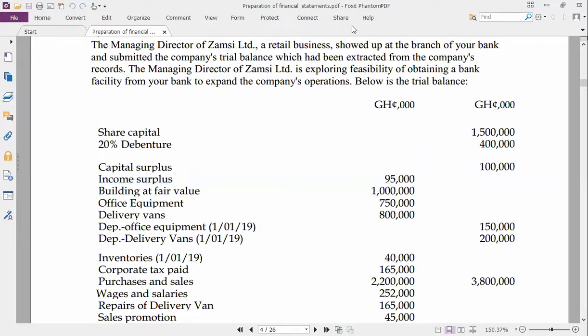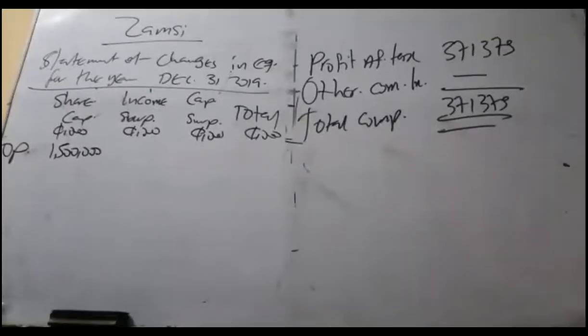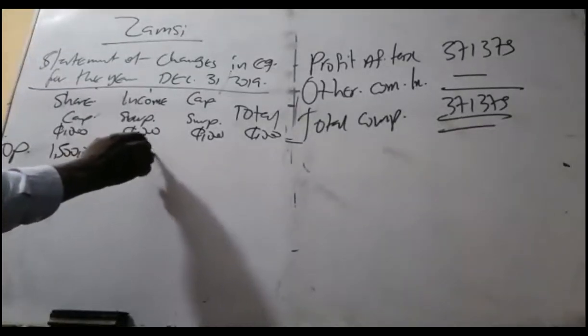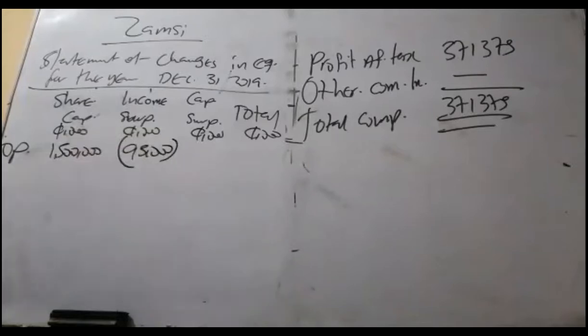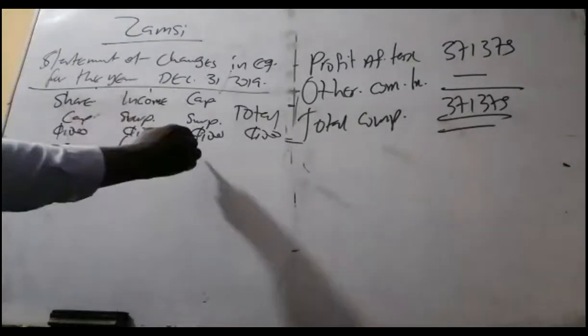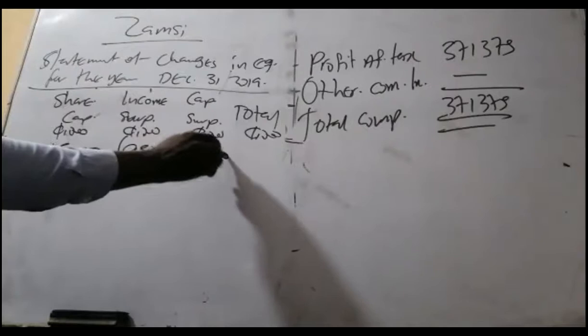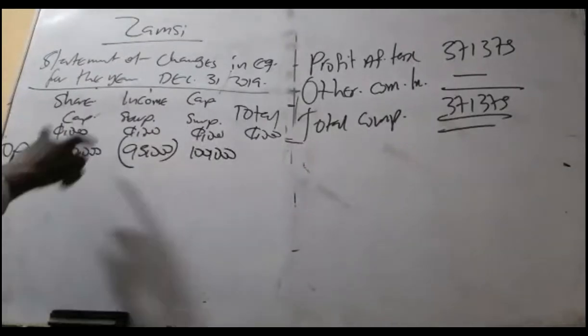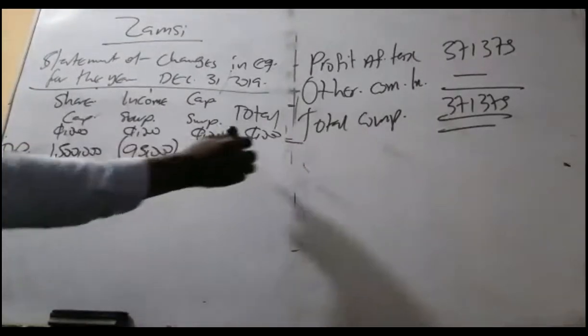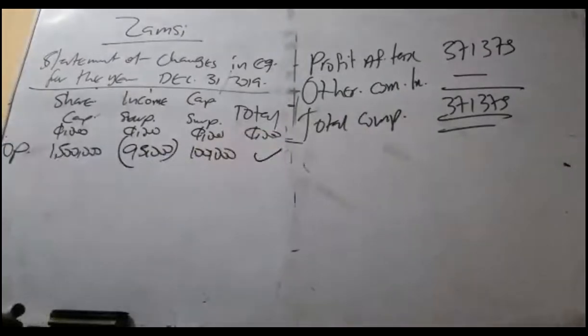So 95,000, and you put it in brackets. Capital surplus was 100,000. Can you total them? Answer, you put it here.